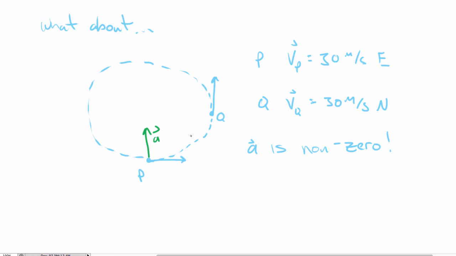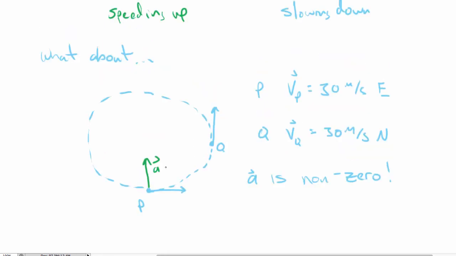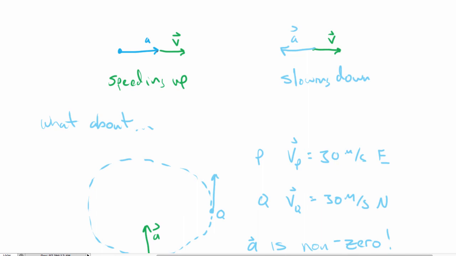So we want the acceleration to be northward. Now, since we don't change the magnitude of the velocity at all, that means there's no component of the acceleration in the direction of the velocity. If we have an acceleration that is either parallel or anti-parallel to the velocity vector, the car's got to speed up or slow down.